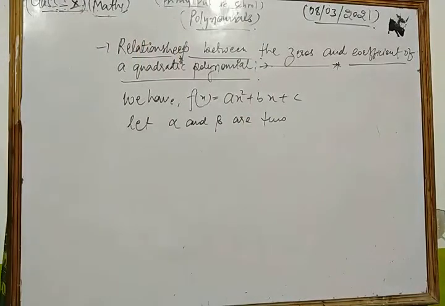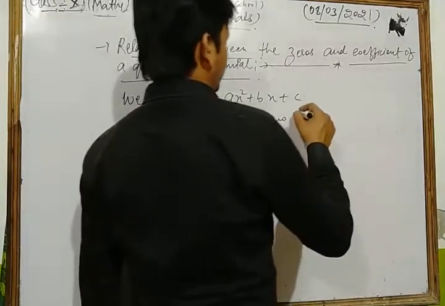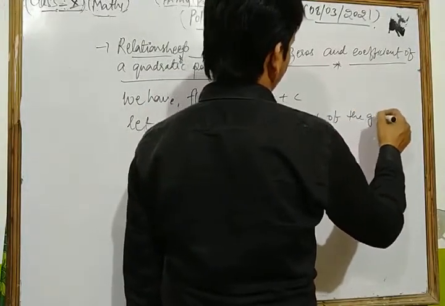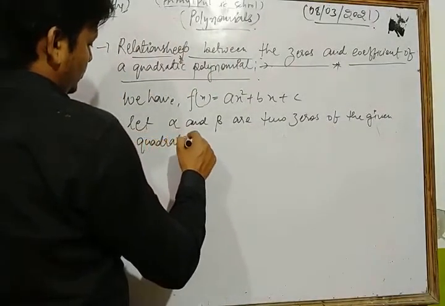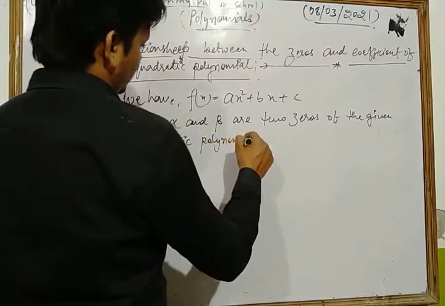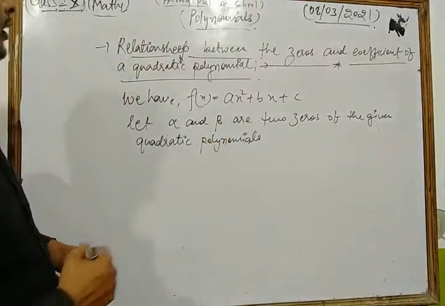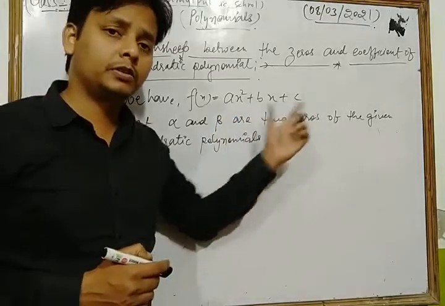Okay, we have a quadratic polynomial f of x is equal to ax square plus bx plus c.